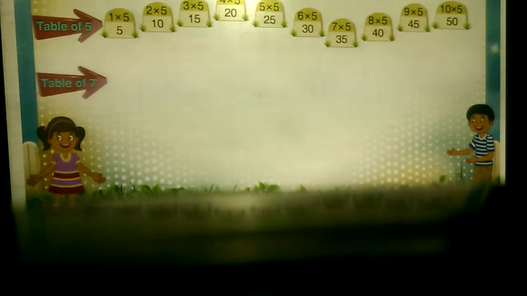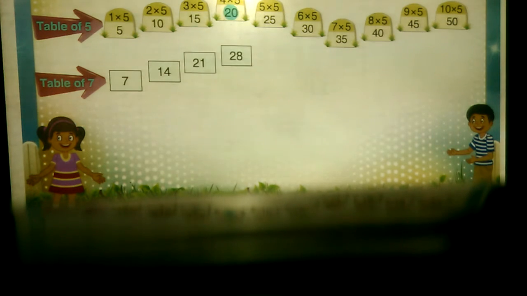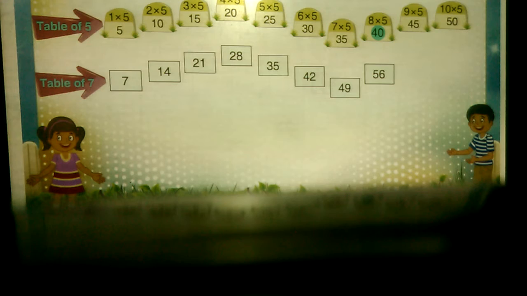Now see the table of 7. 7, 14, 21, 28, 35, 42, 49, 56, 63, 70.